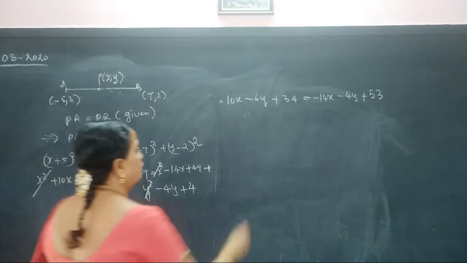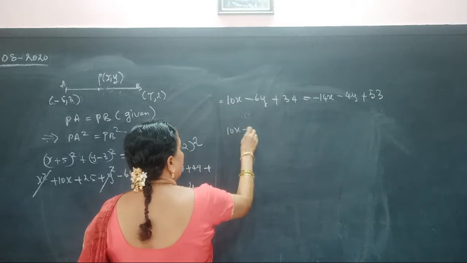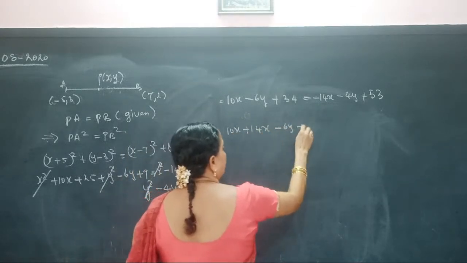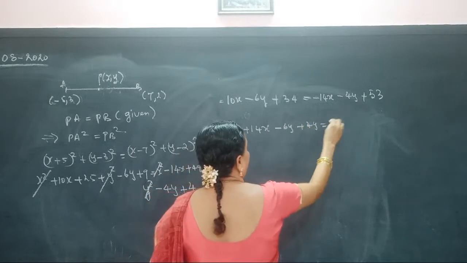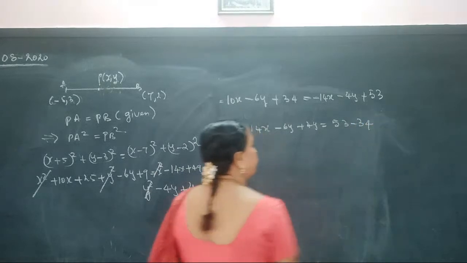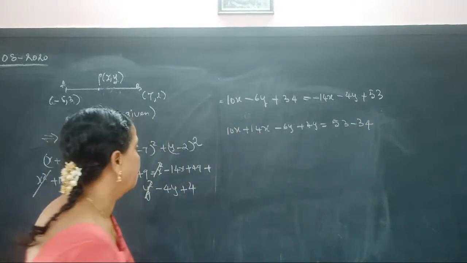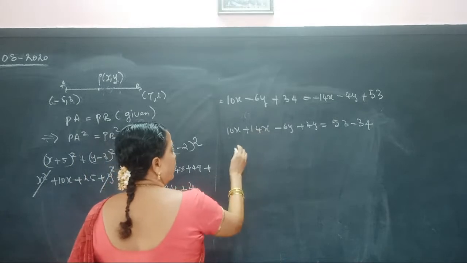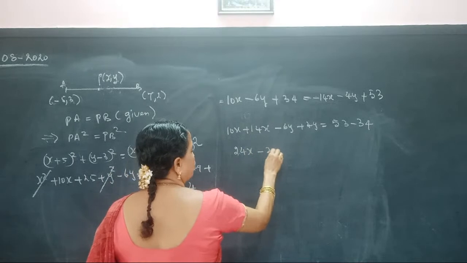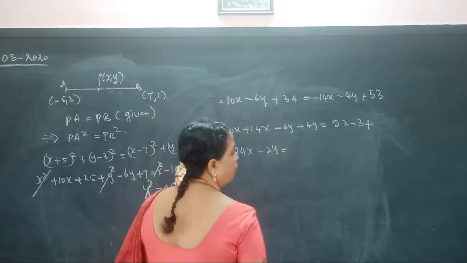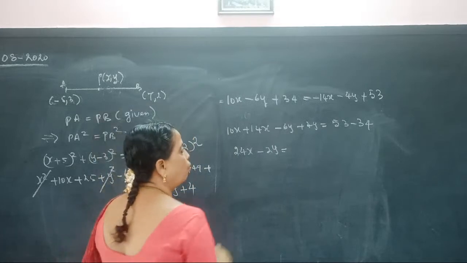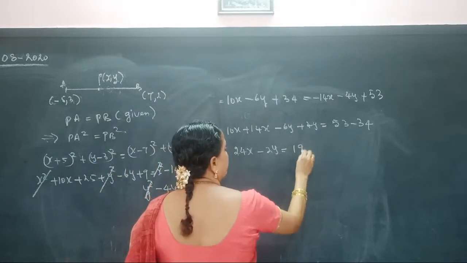So now 10x plus 14x minus 6y plus 4y equals 53 minus 34. Clear? 10x plus 14x is 24x, minus 2y equals 53 minus 34, which is 19.